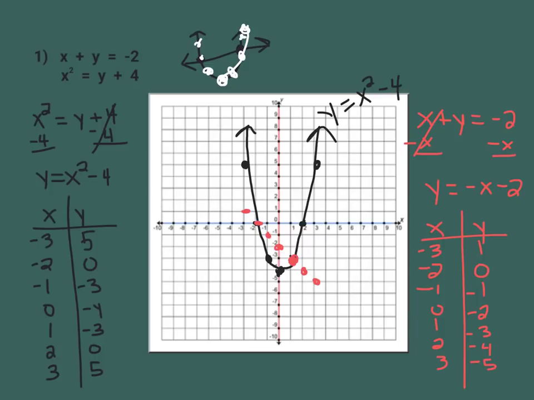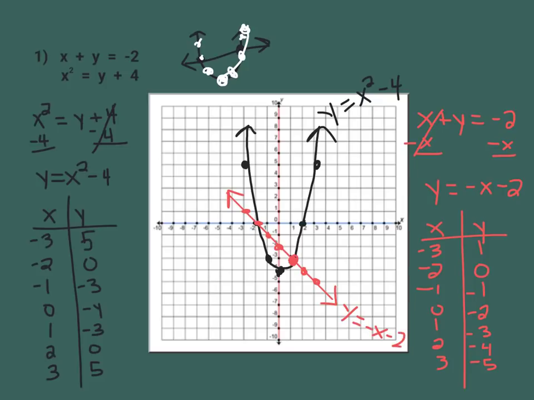Let me just see if I see any lines. Oh, I lied. I found one. Okay, so I'm going to use my straight edge. I'm going to have to move that because that totally didn't line up to connect those points. And I want to make sure that I put arrows and label. I always like to label it with the equation that I made it into.